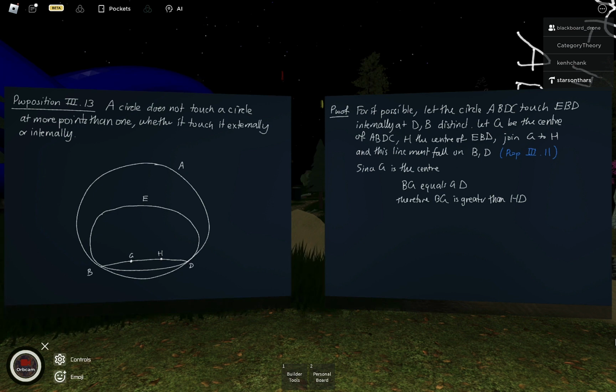Yeah, I mean, obviously we need to choose G to be the closer one to B or something, right? So let's think this through for a moment. We have circles touching internally. We suppose there's two points. G is the center of the greater circle. H is the center of the smaller one.